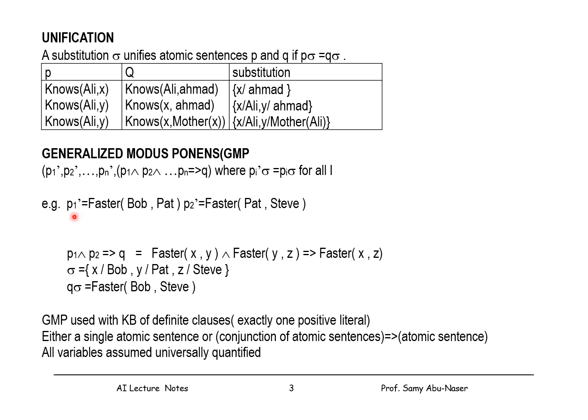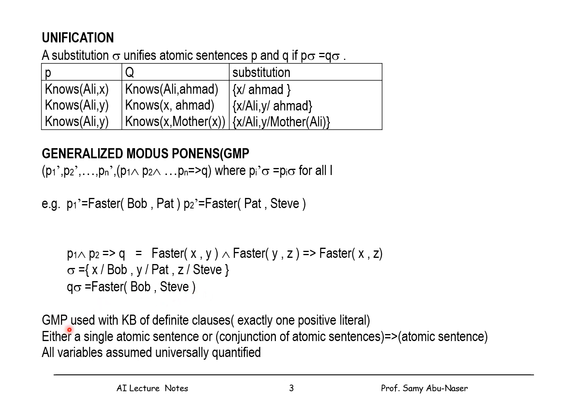Example: P1' equals Faster(Bob, Bat), P2' equals Faster(Bat, Steve). P1 and P2 goes to Q, which means Faster(x, y) and Faster(y, z) goes to Faster(x, z). Here we use x for Bob, y for Bat, z for Steve. The result would be Faster(Bob, Steve).